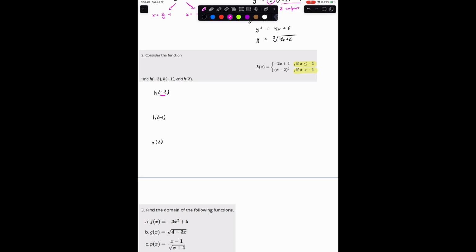Negative 2 is less than or equal to negative 1, so we'll use the first expression. So this will be negative 2 times negative 2 plus 4, which equals 4 plus 4, which is 8.